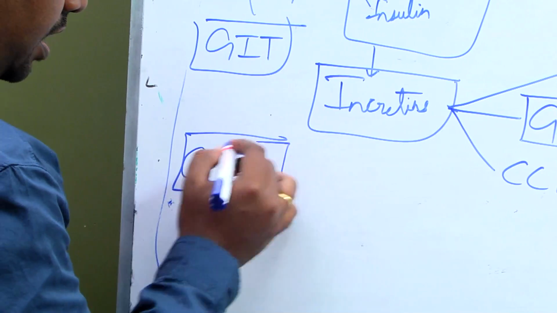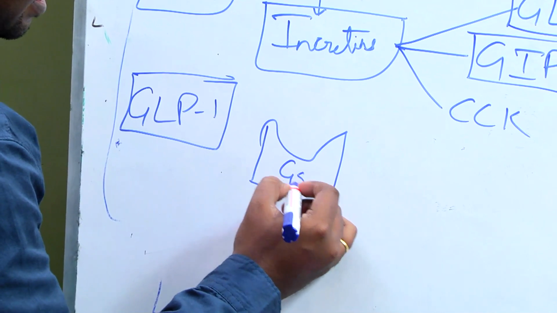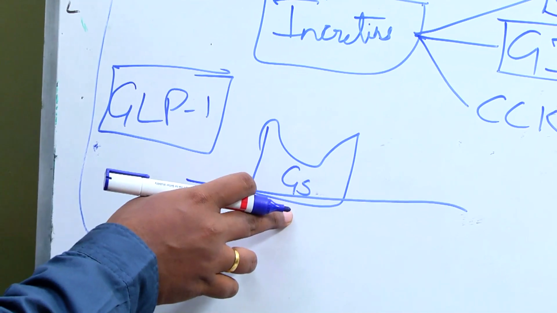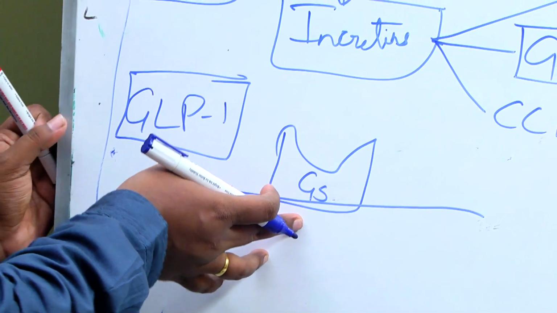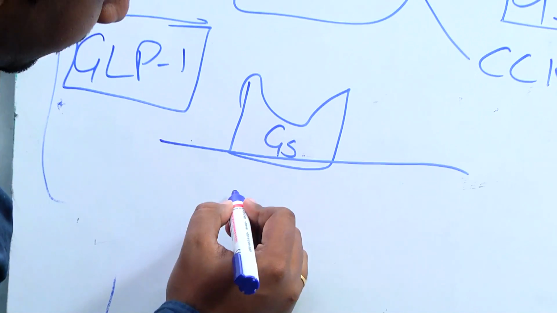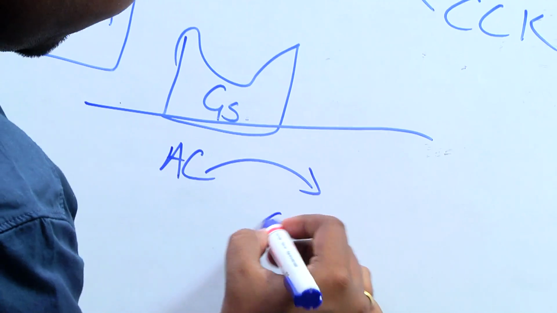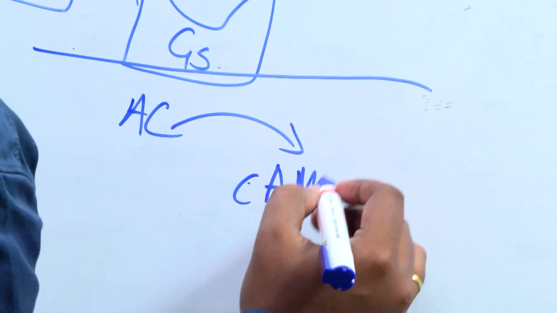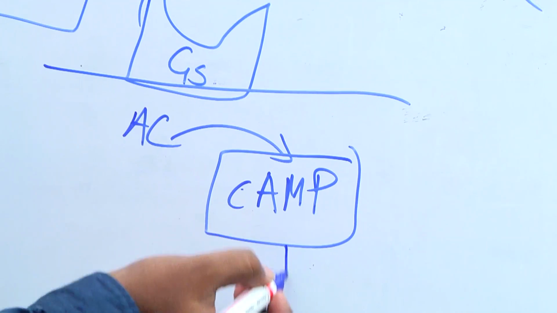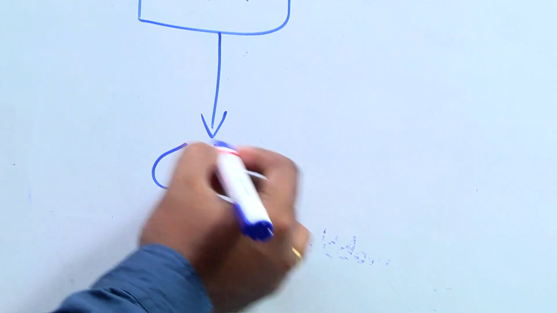The GLP-1 gets attached to its receptor, which is a Gs type of receptor, right? So what is a Gs type of receptor? It belongs to the G protein coupled receptors. So it will lead to activation of the adenyl cyclase, which leads to the formation of the cyclic AMP. This cyclic AMP will lead to increased calcium.